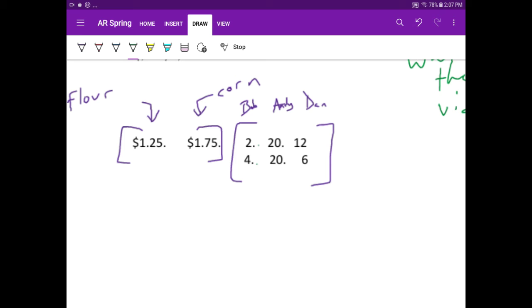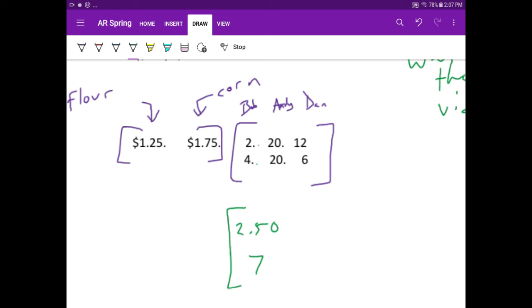So here's what's going to happen. The prices, it's going to be 1.25, so that's 2 times, Bob is paying $2.50 for his 2 tacos there, and then he pays, let me get the calculator going, $1.75 times 4 tacos, and $7.